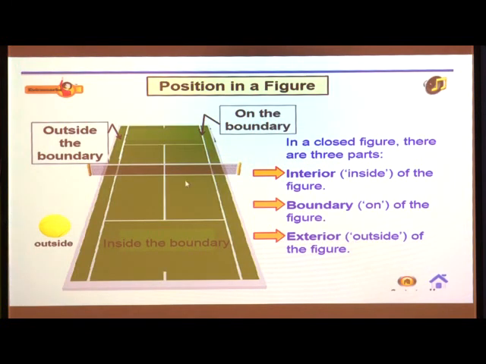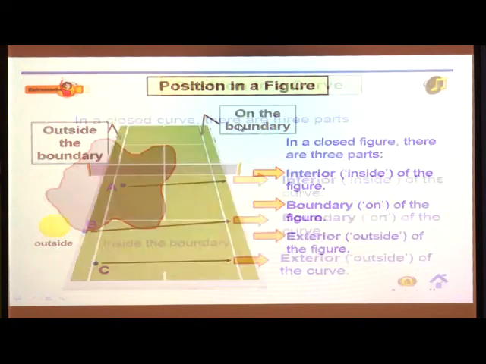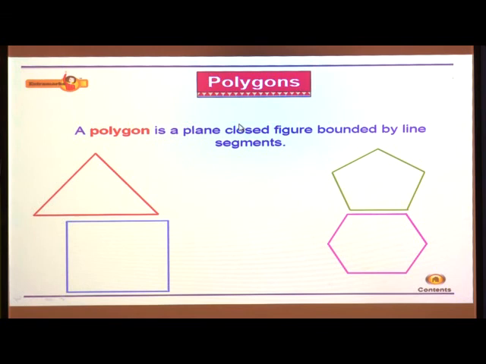We have also studied the positions in a figure: outside the boundary, inside the boundary and on the boundary. Polygon. A polygon is a plane closed figure bounded by line segments. It is a closed figure which is bounded by line segments.